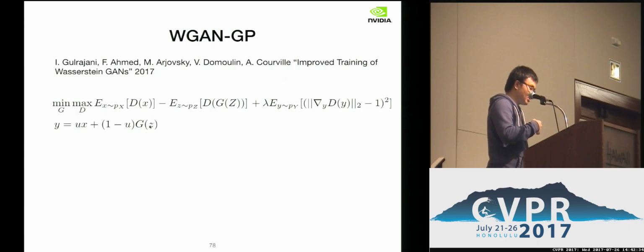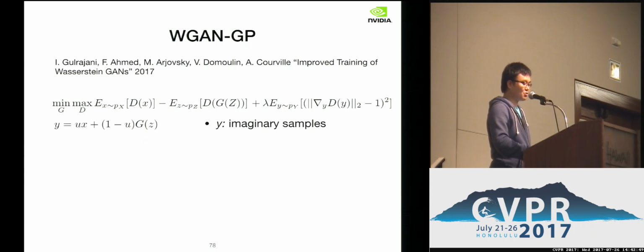So basically, you sample a true image, synthesize a generated image, sample a uniform random number between 0 and 1, and mix these two images, which gives you Y, the imaginary sample. For these samples, you want the gradient norm to be close to 1.